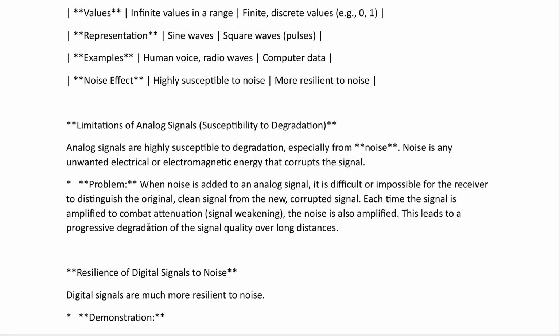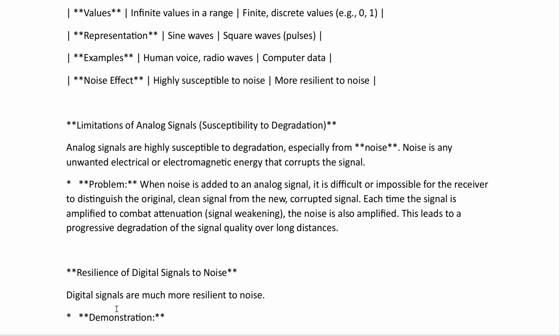So each time the signal is amplified to combat attenuation, the noise is also amplified. Attenuation means the weakening of a signal. This leads to a progressive degradation of the signal quality over long distances. So analog signals are susceptible to noise, whereas digital signals are more resilient to noise.